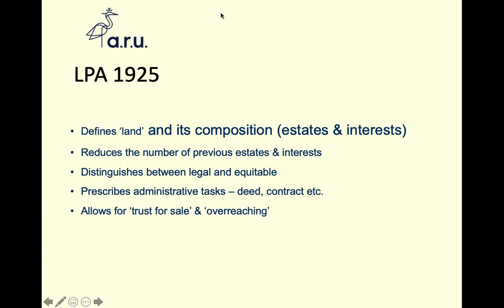It allows for what we recognise as a trust, so we're finally seeing a trust written into property statute, but by putting it as a trust for sale, effectively you're diminishing it as a trust of land, because a trust of land would attach and affix it to the land. A trust for sale becomes something that can be bought, and that's where you get this notion of overreaching, that I can buy out my beneficiary because their trust is for sale.